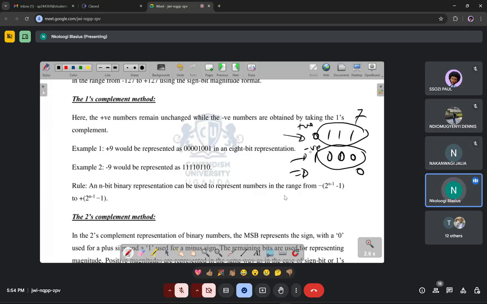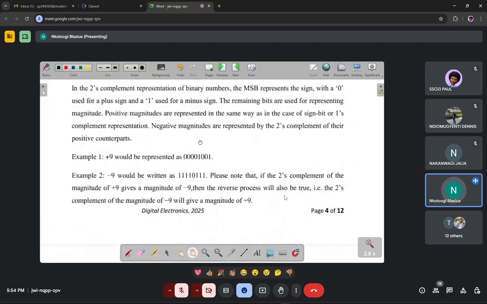And the formula is again the same, like the one of the sign bit magnitude is the same as this one for the one's complement. I think it is only going to differ a little from these ones when we reach the two's complement method. Yeah, so that's the rule.